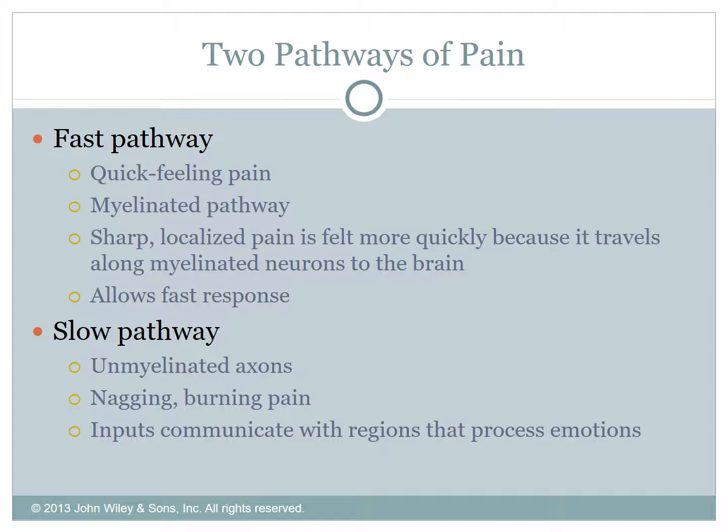If you're stabbed or something like that, your fast pathway takes over. And for the slow pathway, these unmyelinated axons, this is your nagging, burning pain. Slow pathway pain is sunburn, is tickling, is itching. All these things are slow pathway pain, and so we communicate using slow pathway pain some long-term damage that has been done.